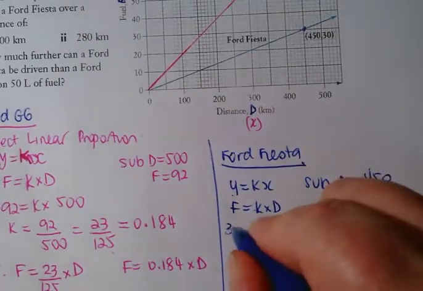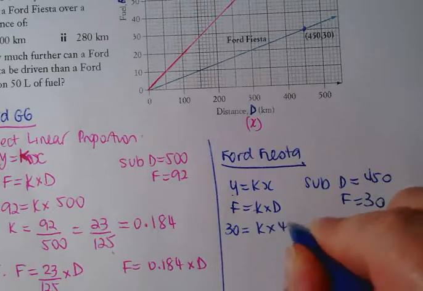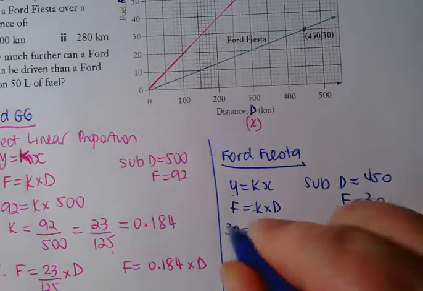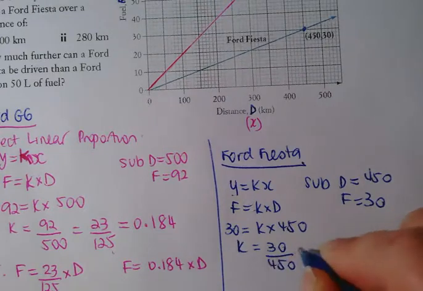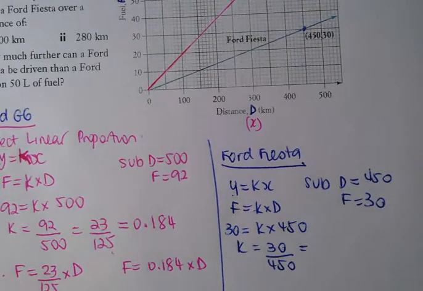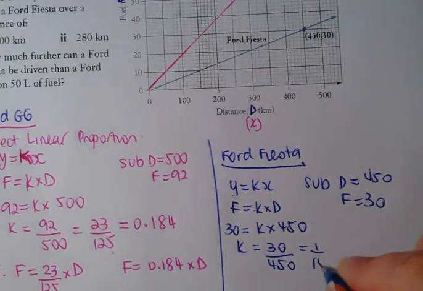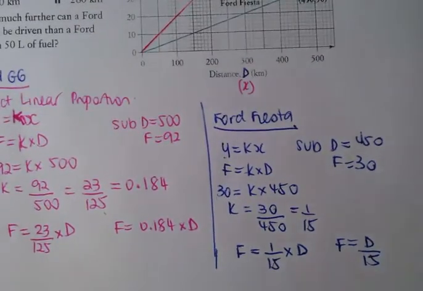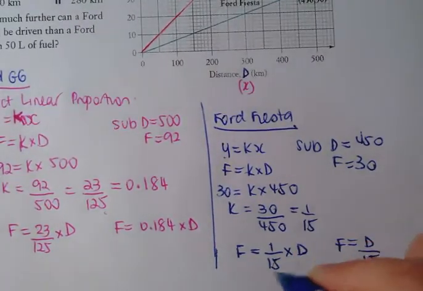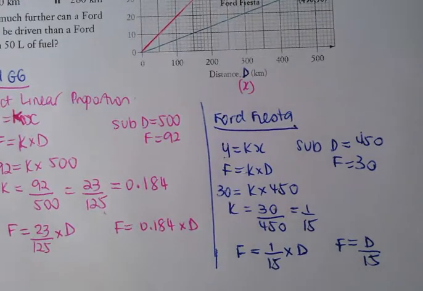So we've got 30 equals K times 450. In other words, K will be 30 divided by 450, which is, putting it as a fraction on your calculator, 1/15th, and therefore the equation is F equals 1/15th times D, or you could write it as D over 15, because 1 times D is D over 15 times 1 is 15.